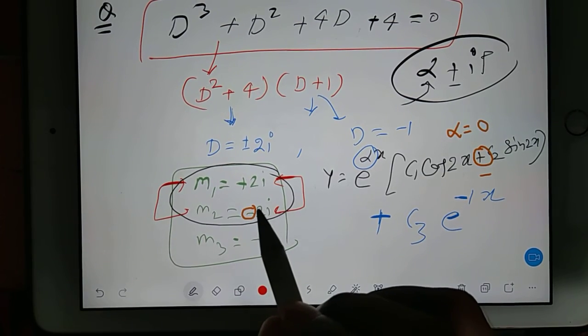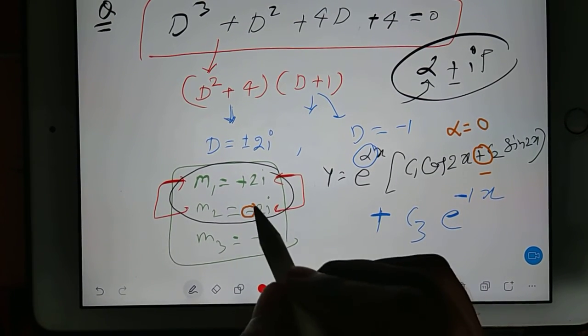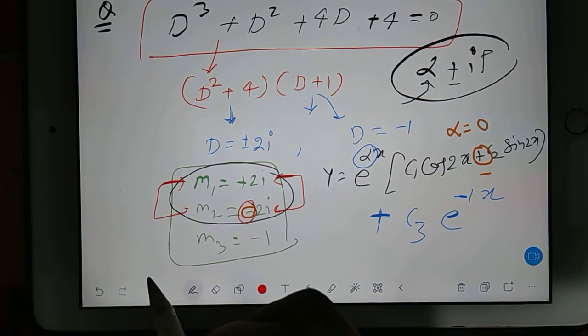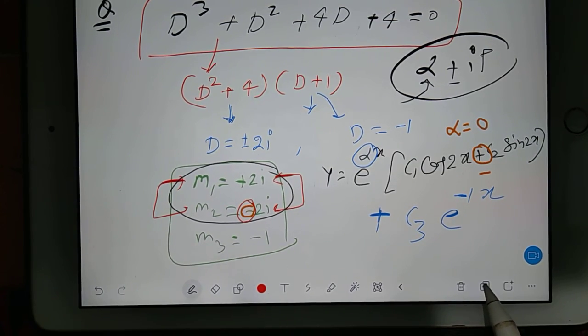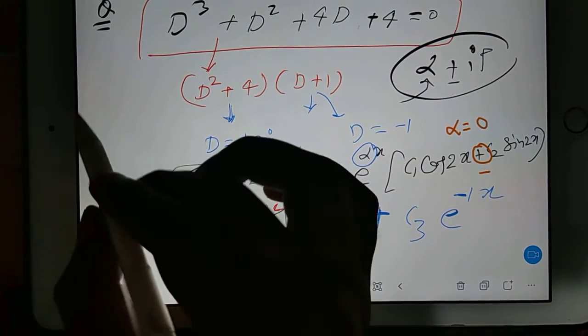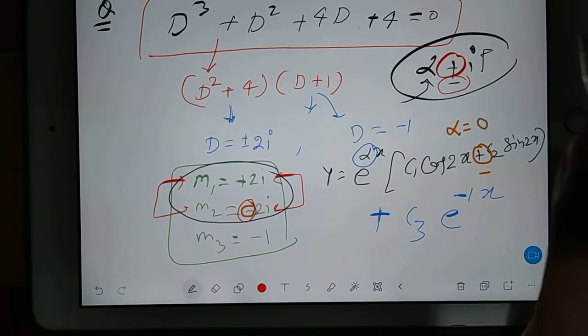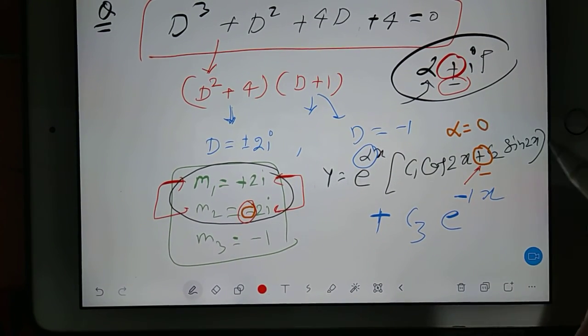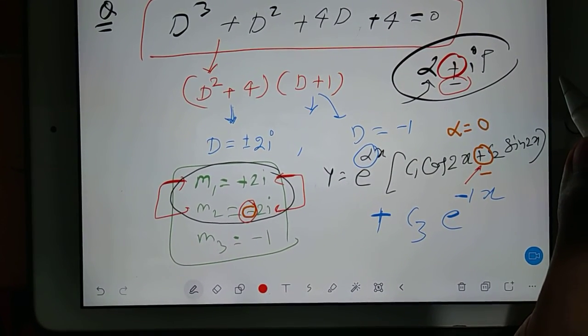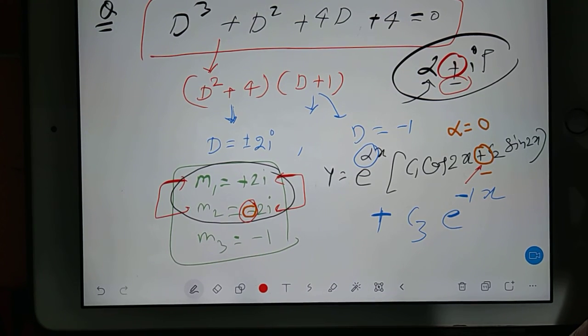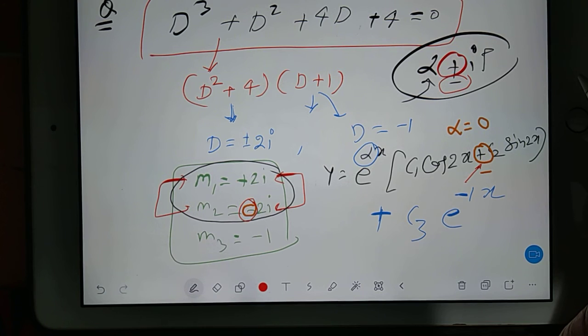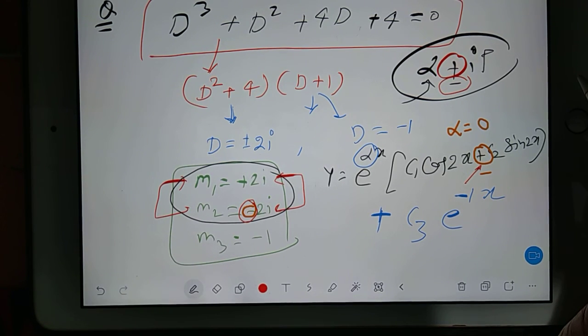Only the beta value matters. Here you are having a minus sign, no problem, because always one minus sign will be there and one plus sign will be there. Here you will always have a plus sign. Clear, Vedant? Any doubt in this?